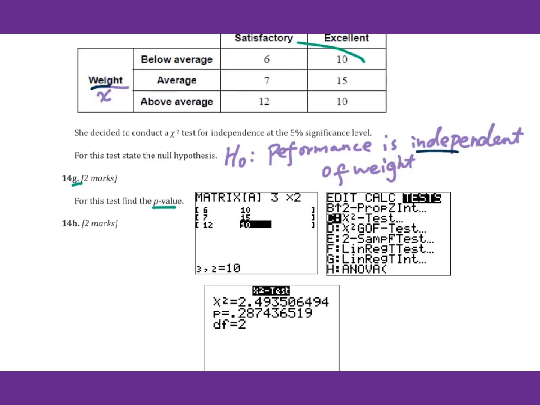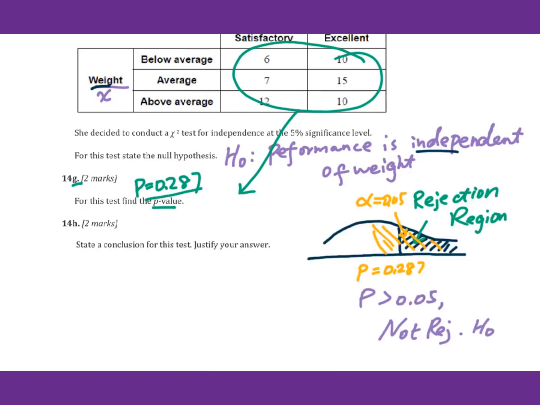So put this table into a matrix and then working on the chi-square test, you will get p equals 0.287. 14H, state a conclusion for this test.